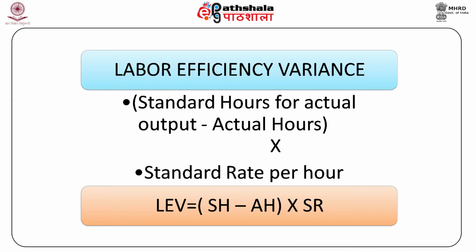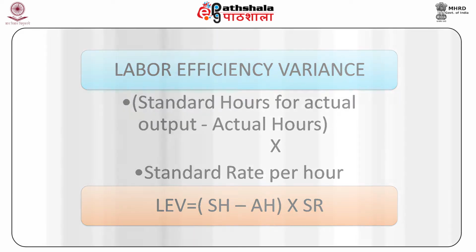LEV = (SH − AH) × SR. It is favorable when the actual labor hours used are less than the standard labor hours specified to produce the actual output, and adverse when the actual labor hours used are more than the specified standard hours.